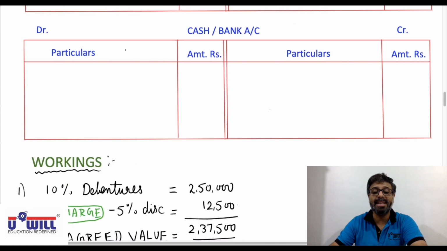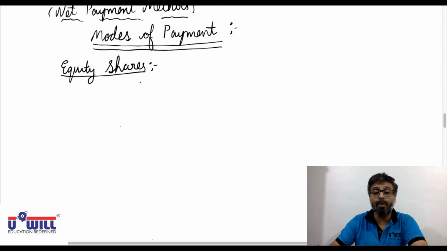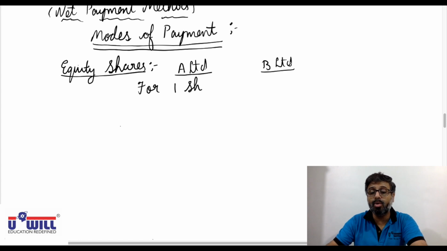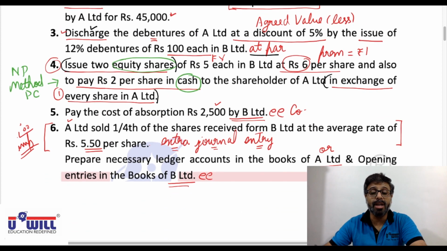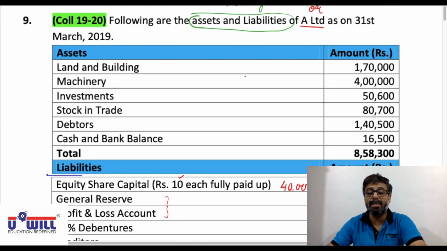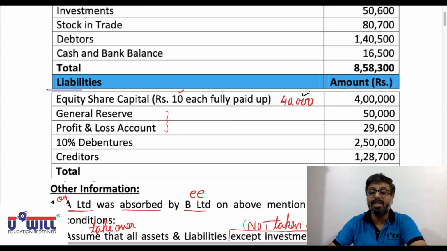So we'll take the second part first. For 1 share of A Limited, we are going to issue how many shares in B Limited? 2 shares in B Limited. Now see in the balance sheet, how many shares of A Limited are there?